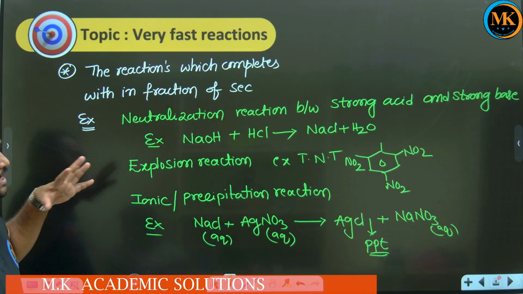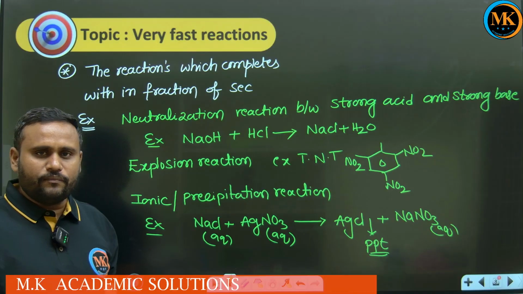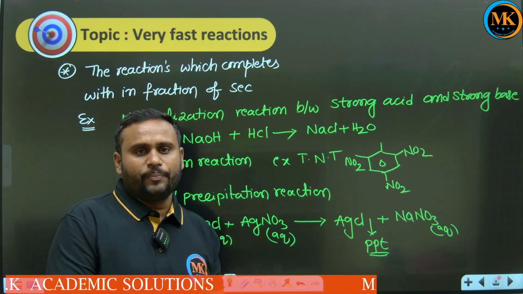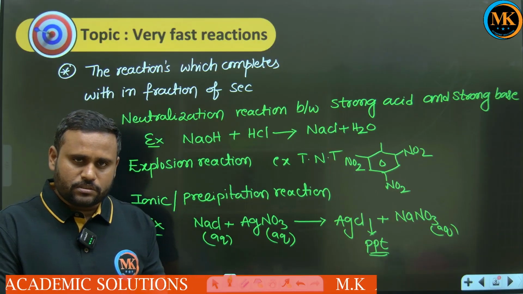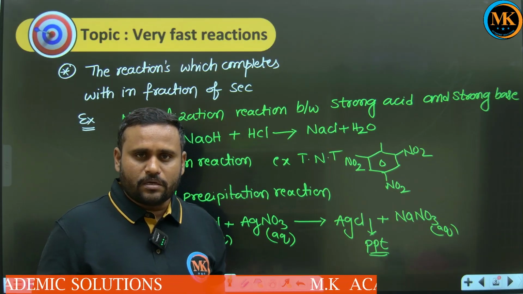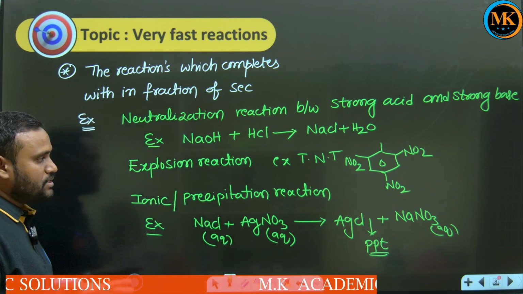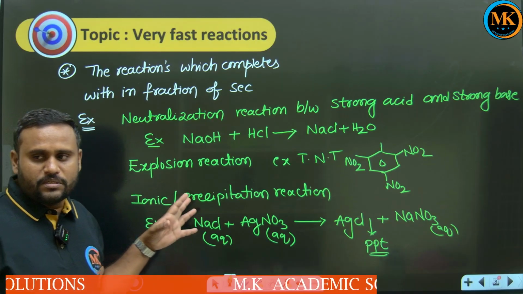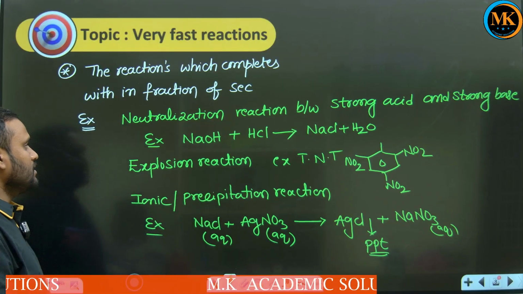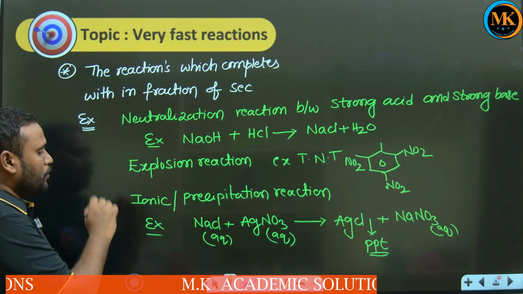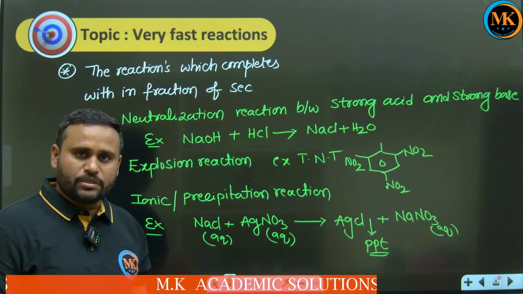So these are the examples of very fast reactions. What are the very fast reactions, children? The reactions which complete within fraction of seconds. Some of the examples I listed here: neutralization, explosion, ionic and precipitation reactions.